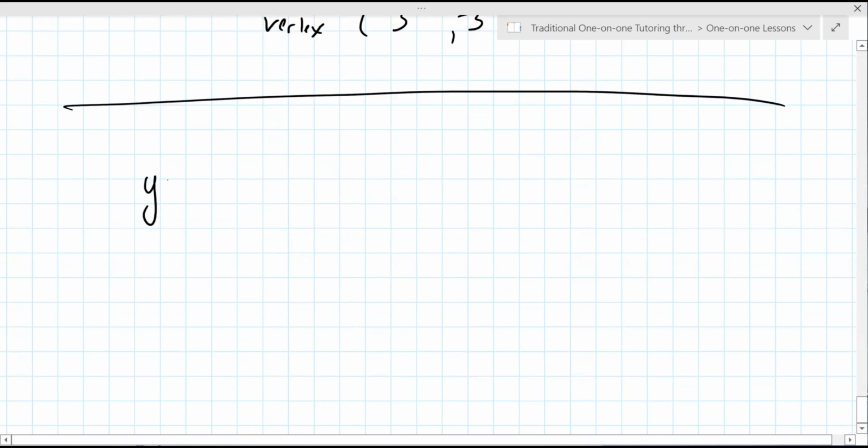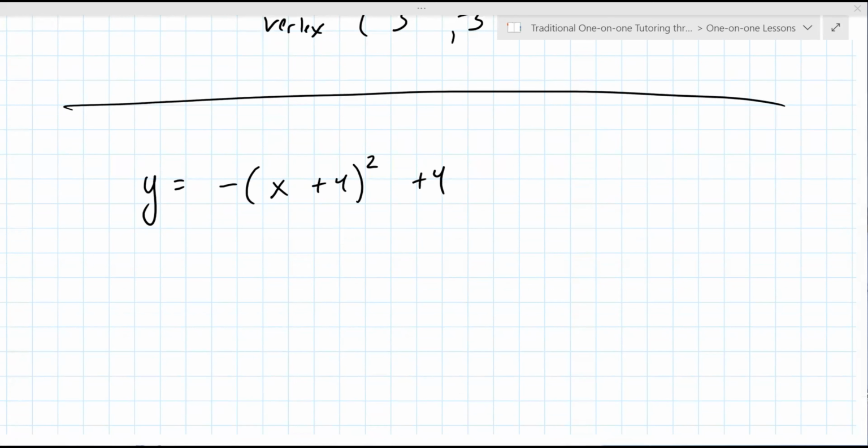Let's go y equals negative (x plus 4) squared plus 4. It goes left 4. Then reflects over x-axis, and then goes up 4. Go ahead and get them all down.